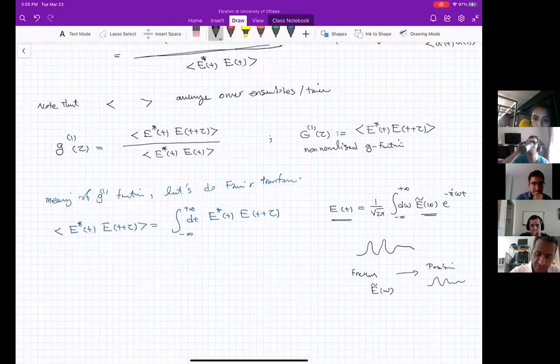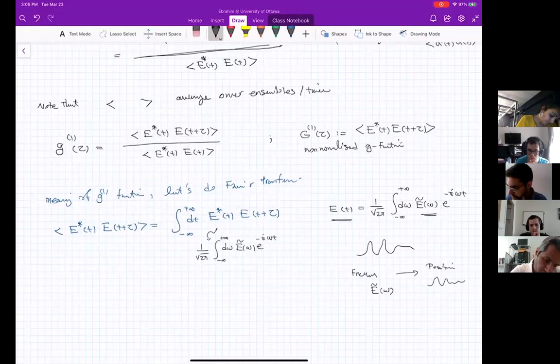Lovely. So E(t) is given by 1 divided by square root of 2 pi, integral from minus infinity to plus infinity d omega, E tilde of omega, e power of minus i omega t. And the same scenario happens for this one. But remember, I have to be careful that I'm not reusing the notation omega. I use omega prime because it's a different integral.